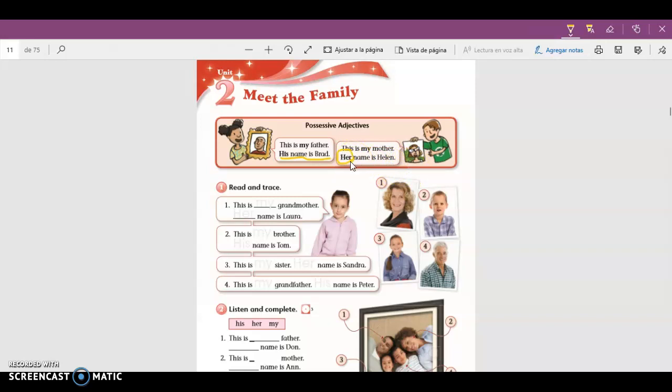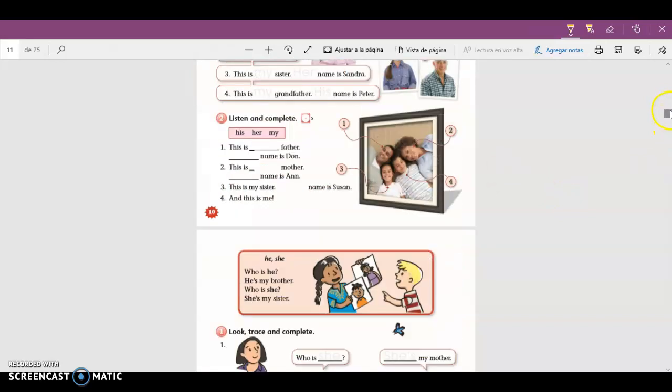Look, her for girls, and his for boys. His lo utilizo para boys y her lo utilizo para girls.